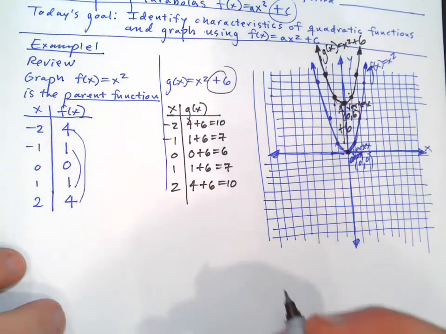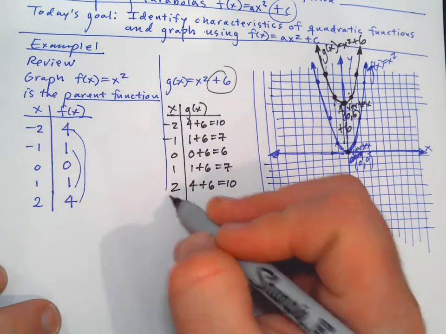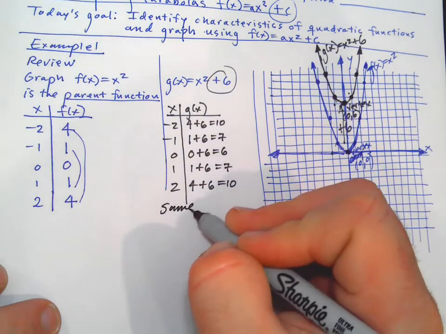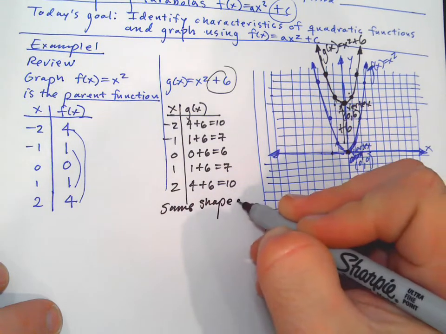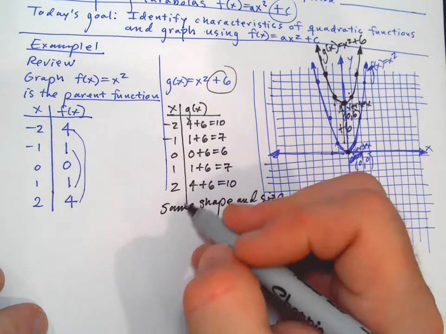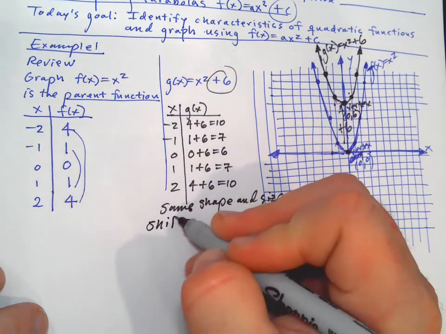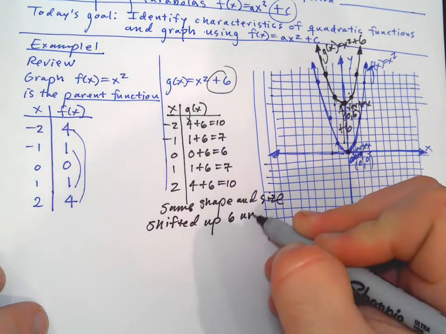Now, it's the same shape and size as the original graph, right? But it's been shifted up 6 units.